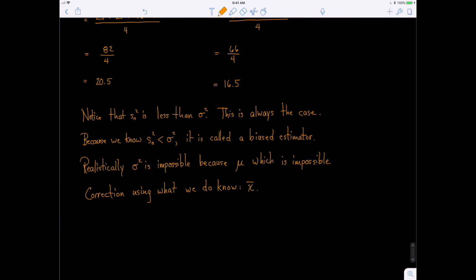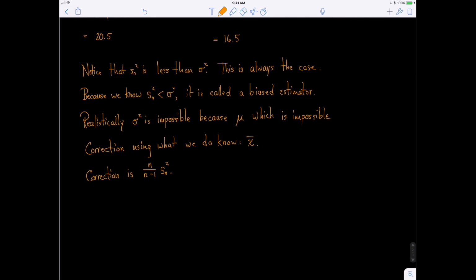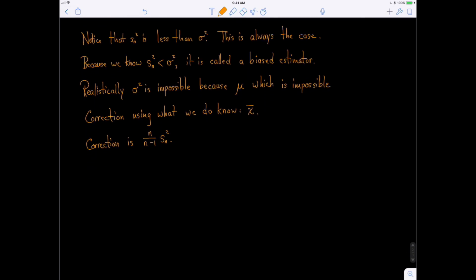That we know for sure. And the correction is n over n minus 1 times Sn squared. Now, we're not going to make a big deal of this math, but we'll show you the result.